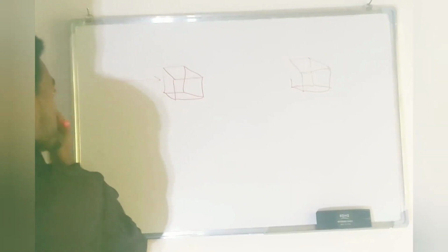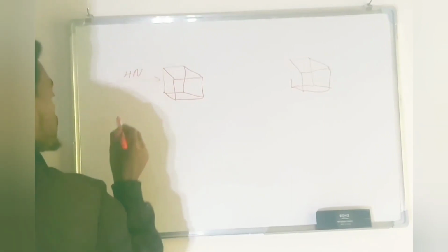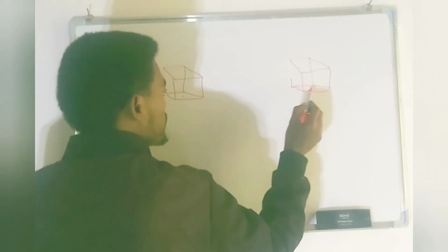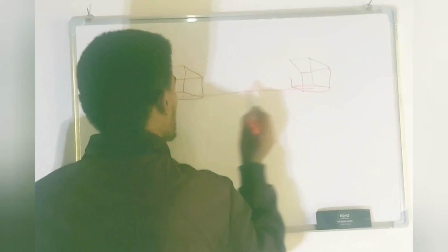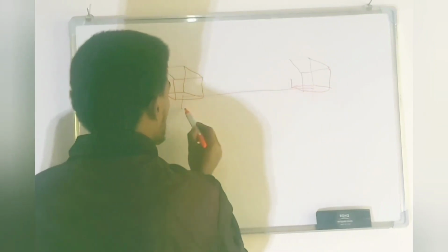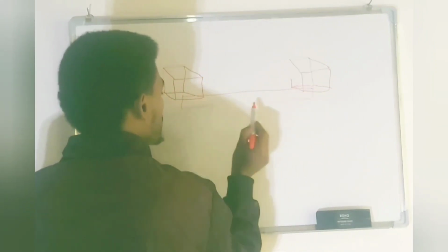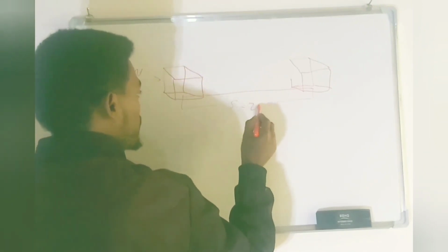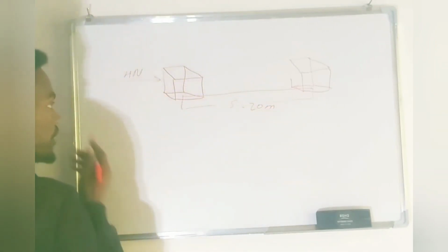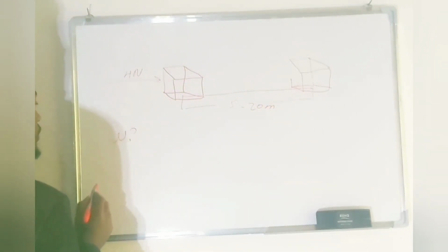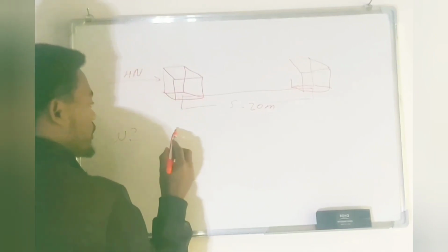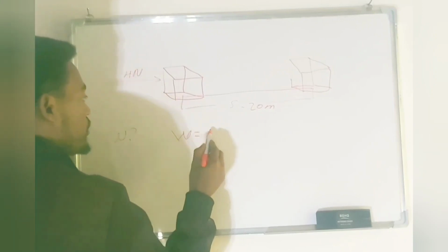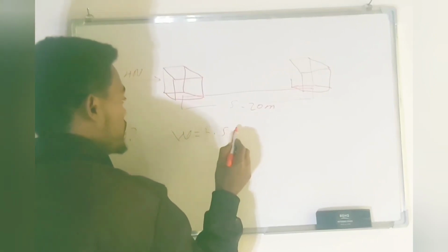There is an applied force of 4 Newton, let us say, and from here to here, this is the distance, it is 20 meter. Now you are asked to find work done. From the work done equation, we have work is equal to force times distance.